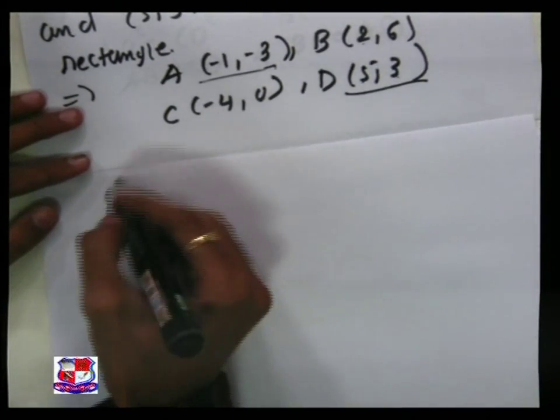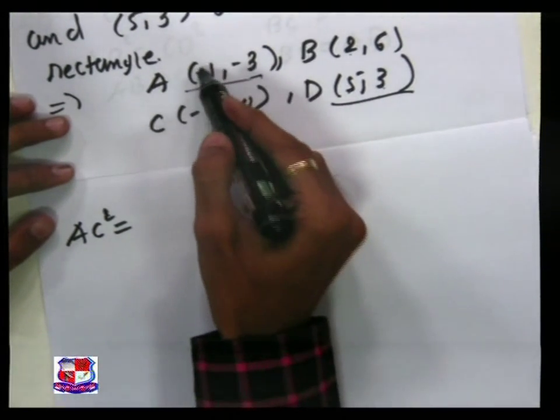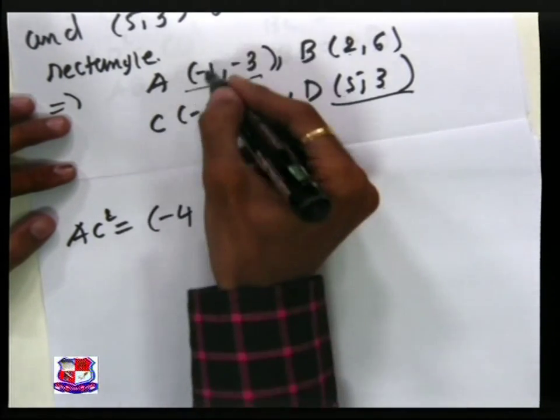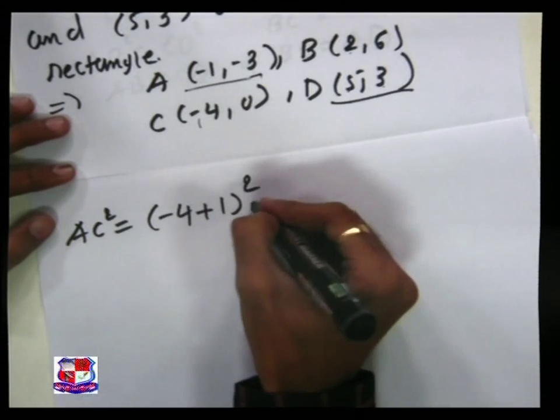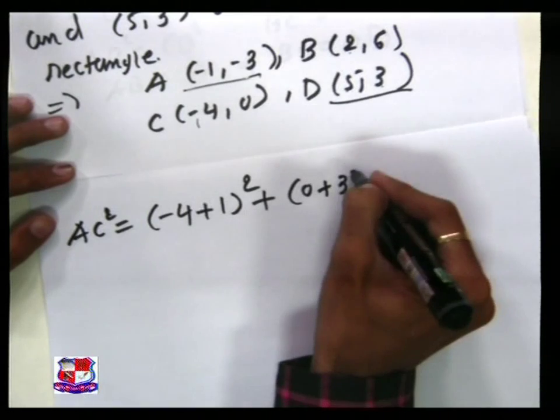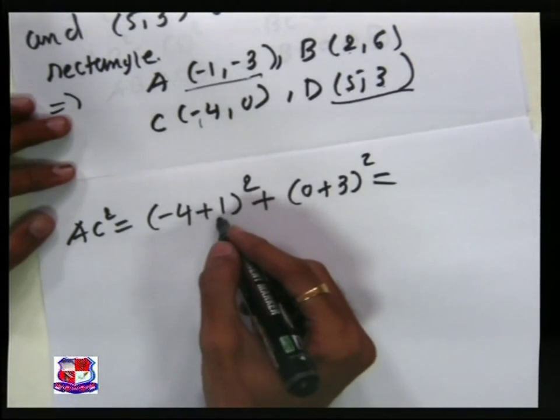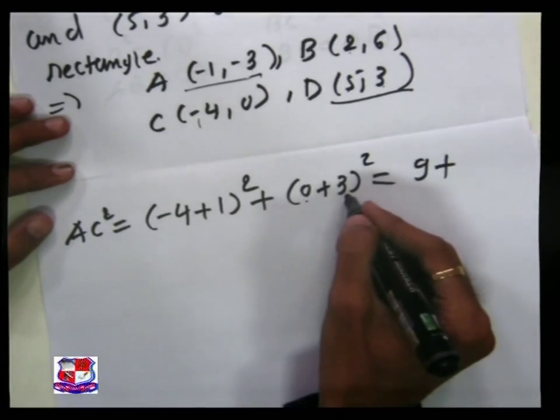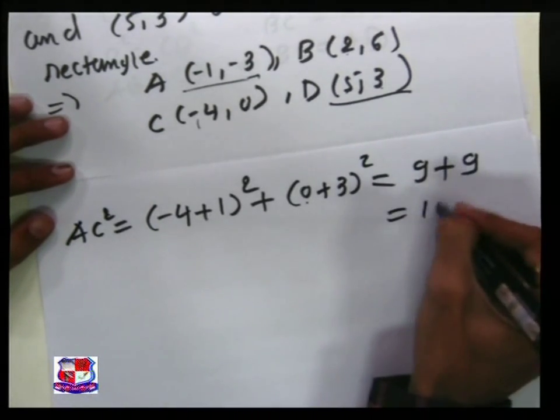So here AC square is equal to, here this is A and C, so (-4 minus 1), that is -4 plus 1 whole square, and plus (0 minus 3), that is 0 plus 3 whole square. So -4 plus 1, that is equal to -3, and -3 square, that is equal to 9, plus 0 plus 3, that is equal to 3, and 3 square, that is equal to 9. So this one is equal to 18.